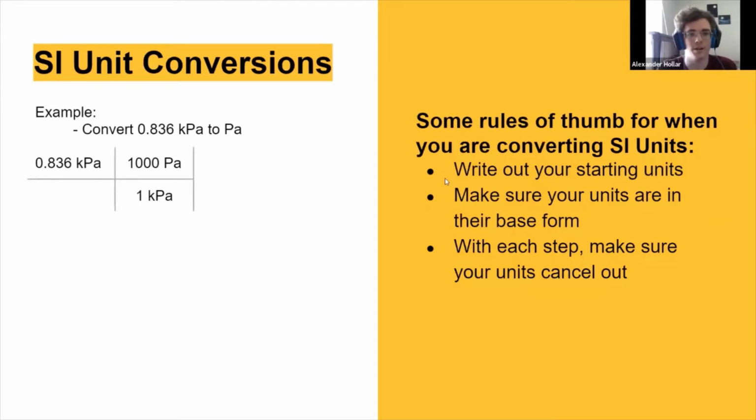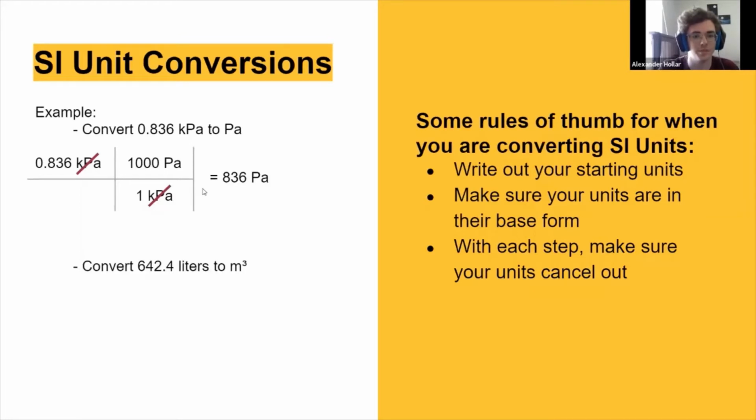And we can write out our units here. Make sure that our units cancel out, and then we can multiply it, keeping in mind sig figs, and end up with our answer here, which is 836 pascals. And the reason that we have 3 sig figs is because these conversions are considered real numbers, so it has an infinite number of sig figs for calculation purposes.